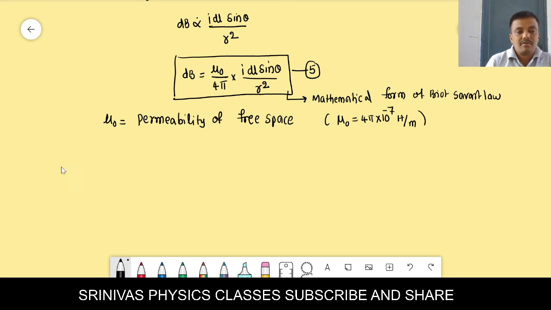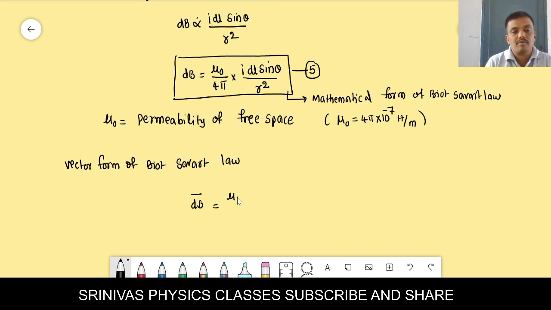And next, the vector form of Biot-Savart law. How do we write it? Previously, one more question asked in the CBSE board exam was: write the vector form of Biot-Savart law. We just have to write it in equation form. dB bar is equal to mu naught by 4 pi into I dl sine theta by r square, which we write as dl bar cross r bar by r cube.